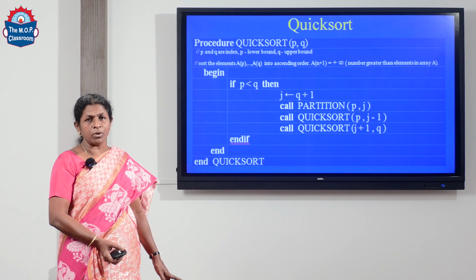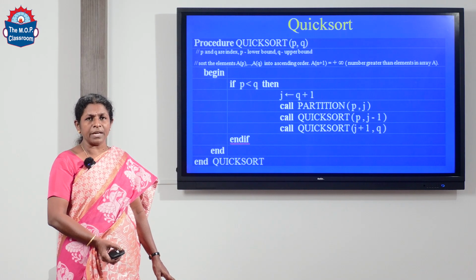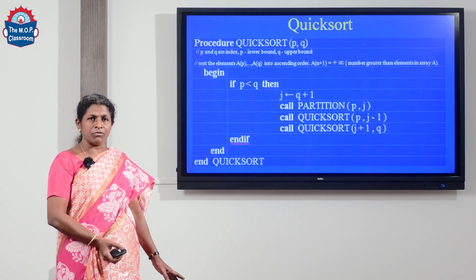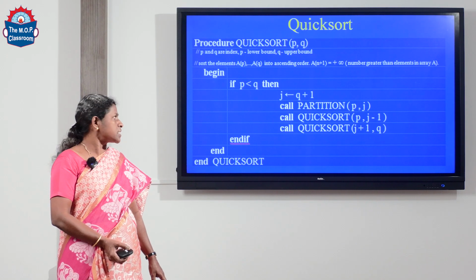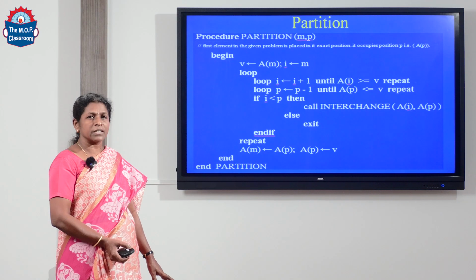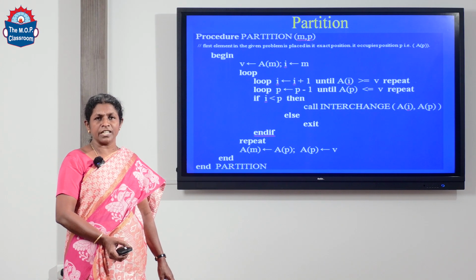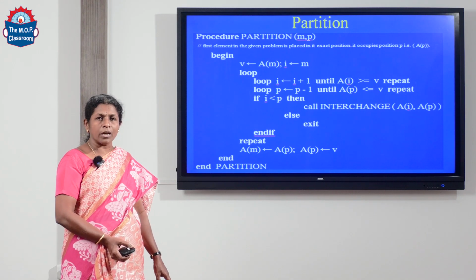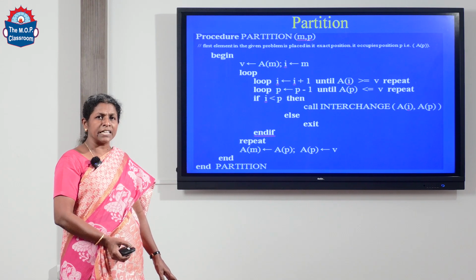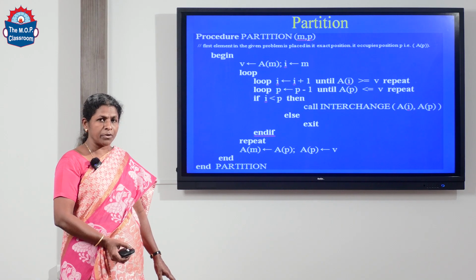So, P is the lower bound, Q is the upper bound. The position P that we have assigned to J. So, J minus 1 will be the upper bound for the first sub-problem and J plus 1 will be the lower bound for the second sub-problem. Here, that scanning, that partitioning process is given in the algorithm called partition. I will go on incrementing I until I encounter a number which is greater than the pivot.